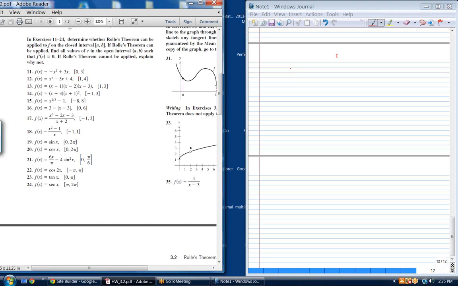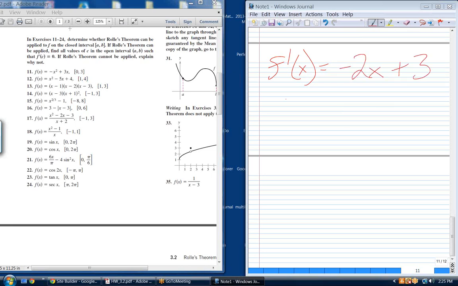So we would differentiate it. f prime of x is equal to negative 2x plus 3. So setting that equal to 0 means minus 3 equals minus 2x, x equals positive 3 halves. And it's worth checking to make sure that is in the interval, 0 to 3. Which it is. It's going to be in all of these.